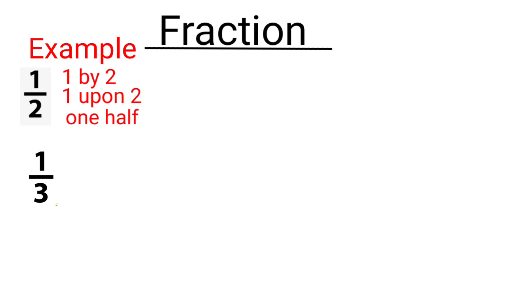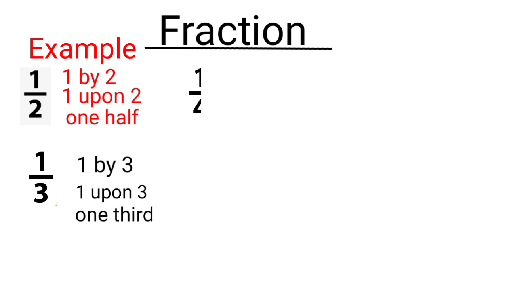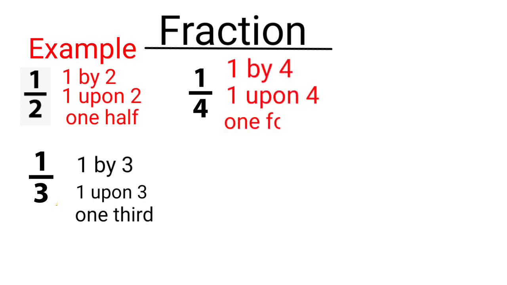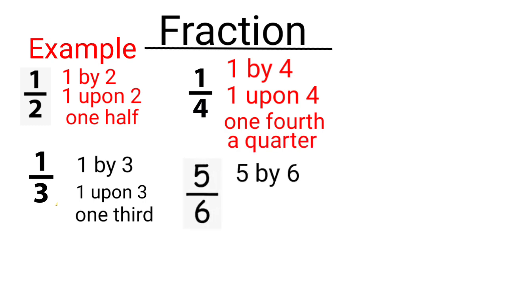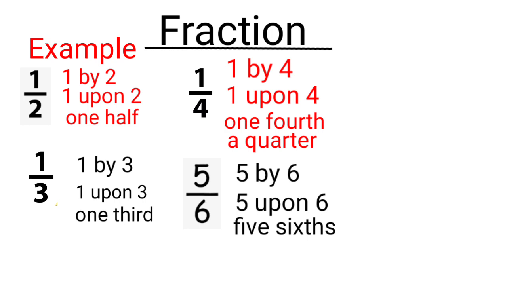We can read it 1 by 3, or 1 upon 3, or 1 third. Same thing, 1 by 4. We can read it 1 by 4, or 1 upon 4, or 1 fourth, or a quarter. Same thing, suppose 5 by 6 is written. We can read it 5 by 6, 5 upon 6, or 5 sixths.